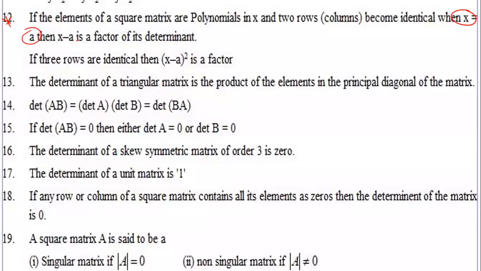When x is equal to a, then x minus a is a factor of its determinant. This one I'll take as an example after this, write down. Suppose if three rows are identical, then x minus a whole square is a factor. That is the meaning.